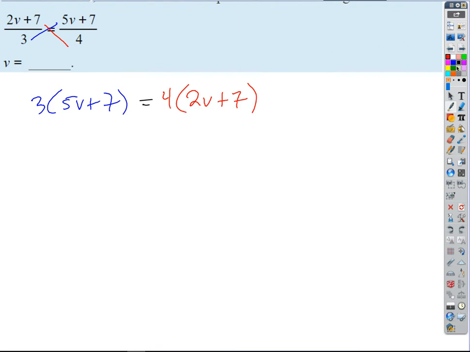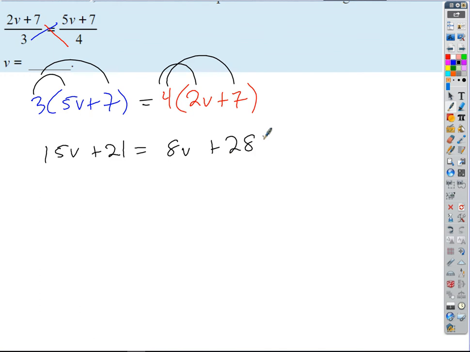And what's that become? If I distribute the 3, 15v plus 21 equals 8v plus 28. Okay, I want to move the v's to the left.